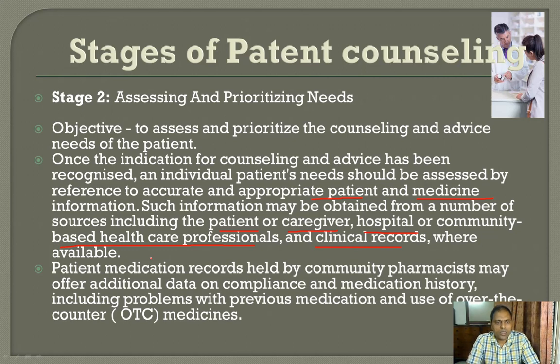From all these sources, you need to gather the information. Also the patient medication record, patient history from other community pharmacists, or the medication history, including problems with previous medication as well as over-the-counter medication. From all these sources, you collect the information and get ready for patient counseling. So this is the second stage.